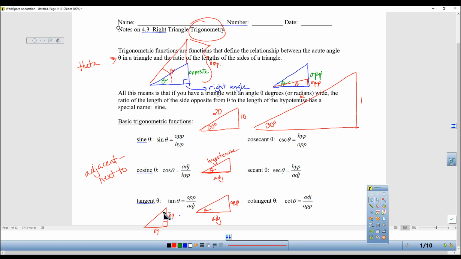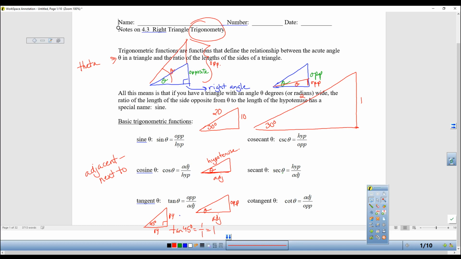And what is the measure of the angles in an isosceles right triangle? It's 45 degrees. Because then this one's also 45 degrees, and 45 and 45 and 90 make 180. So tangent of 45 degrees is a 1-to-1 ratio. But people will just say tangent of 45 is 1. But that's what it means.